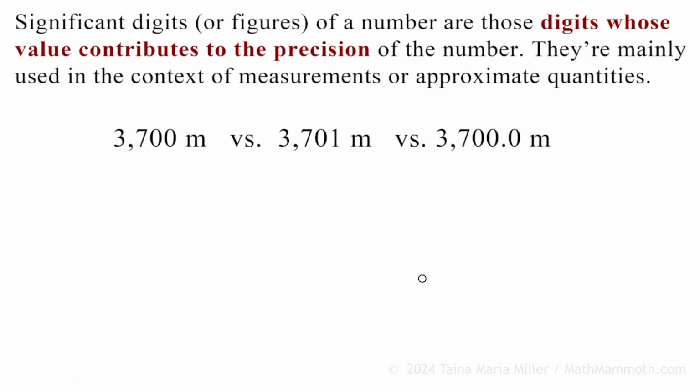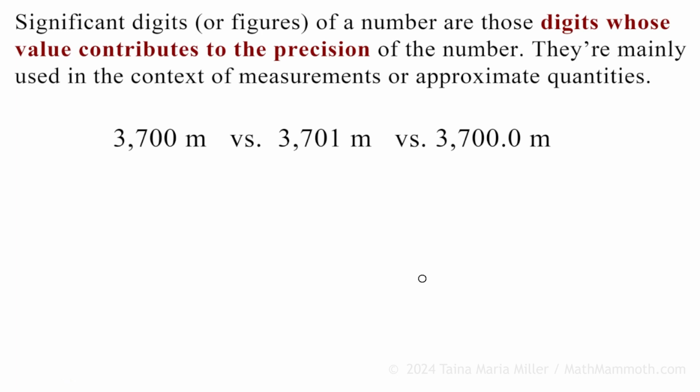We can see that each one of those measurements has a different level of accuracy. The last one is the most accurate. It is accurate to the 10th of a meter. Whereas 3,700 meters, we don't know how accurate it is. Is it accurate to the meter or to the 10 meters or only to the 100 meters?